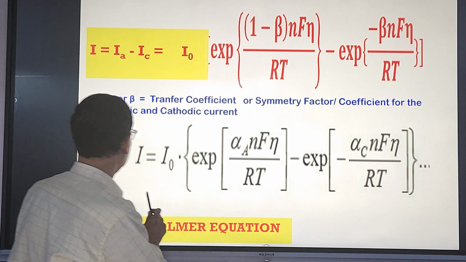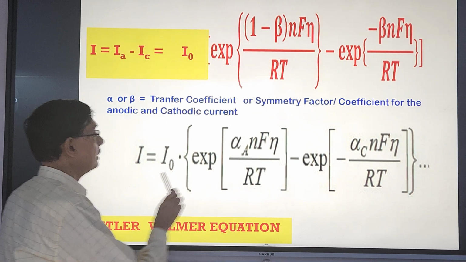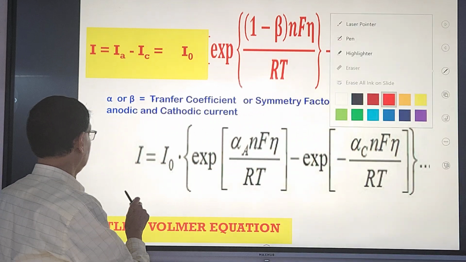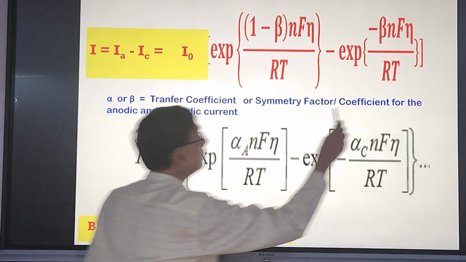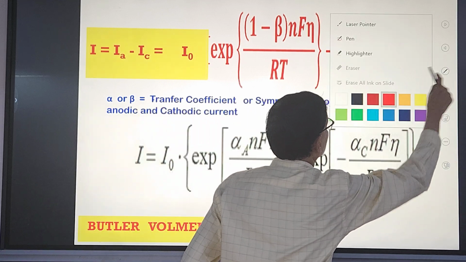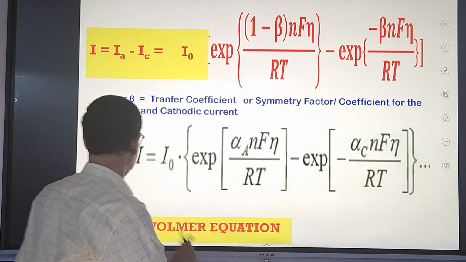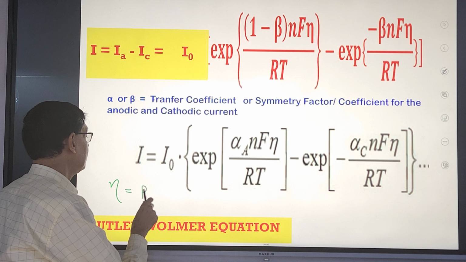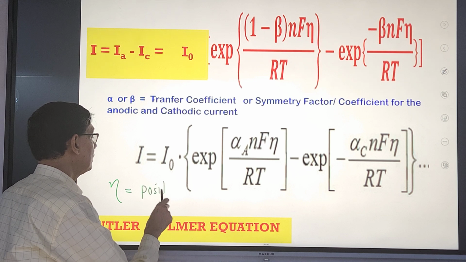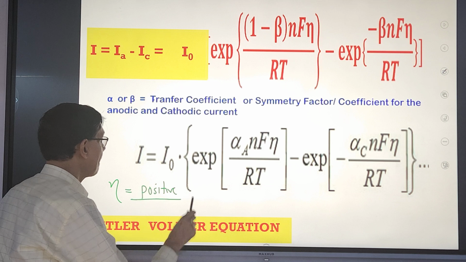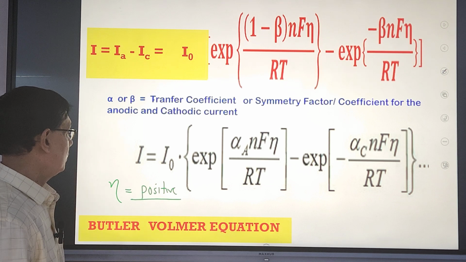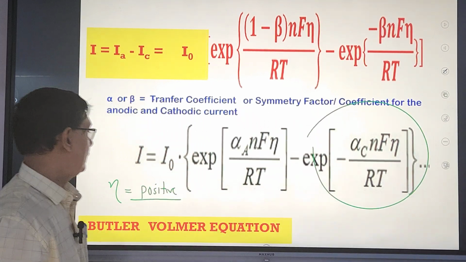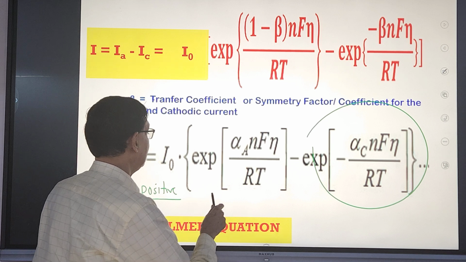I am just saying that there are two conditions. First condition is, again I am writing the same thing, that eta is equal to positive. So this part is eliminated, anodic current, so I can write like that.